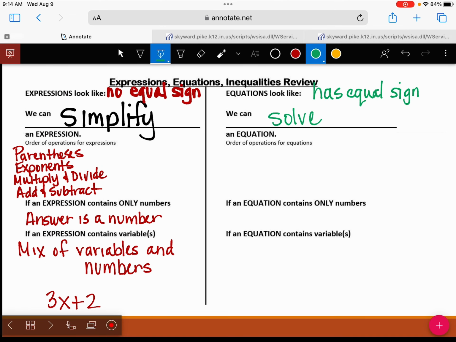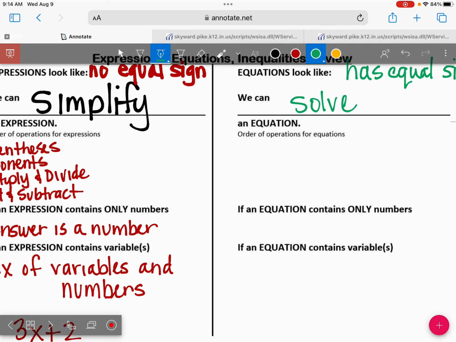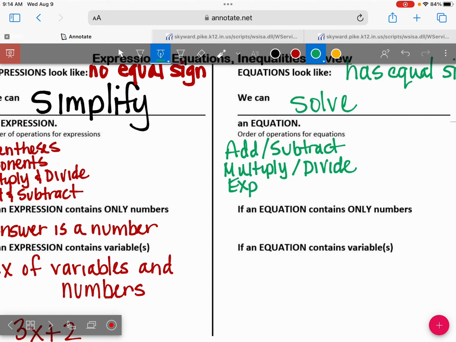Now, when we solve, we do the order of operations backwards. So we start off by looking for things to add or subtract. So adding or subtracting comes first. And then we look for multiplication and division. And then we look for exponents. And the last thing we look at is parentheses.